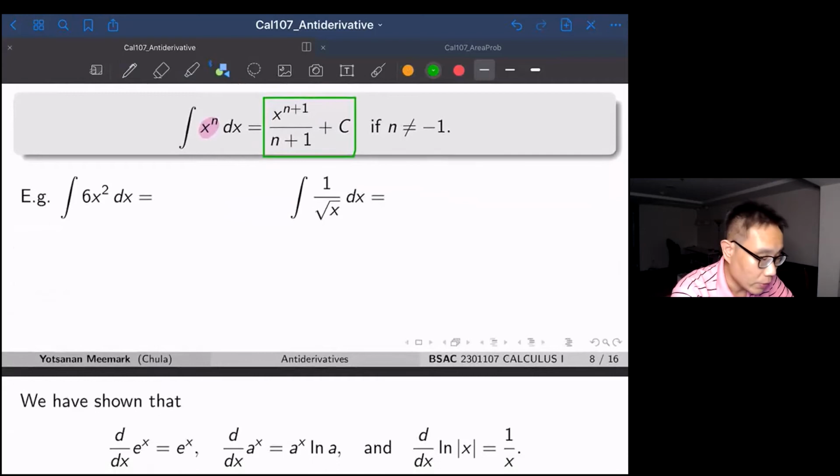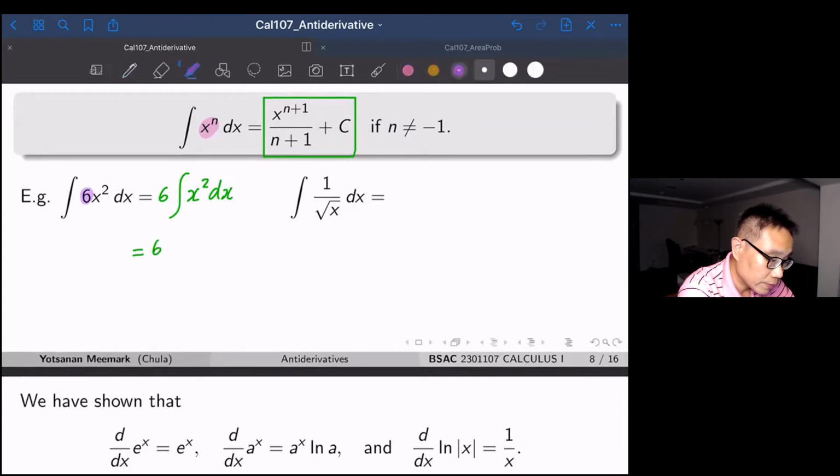For example, you have the integral of 6x squared dx. So your 6 here is your constant. So this can be done in the way that you have 6 outside and you just integrate x squared dx. Here you have n equal to 2.